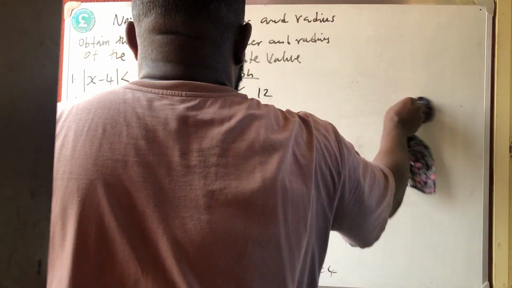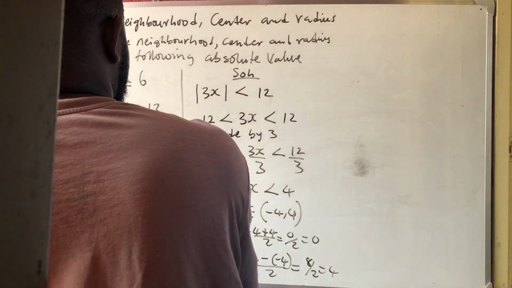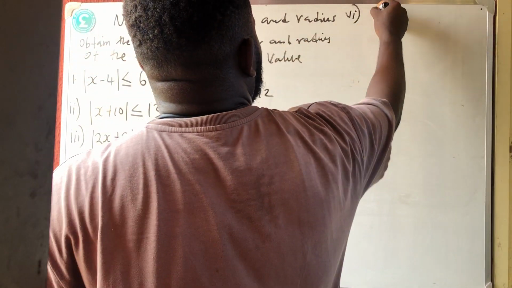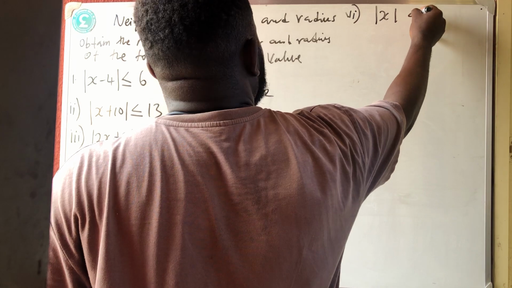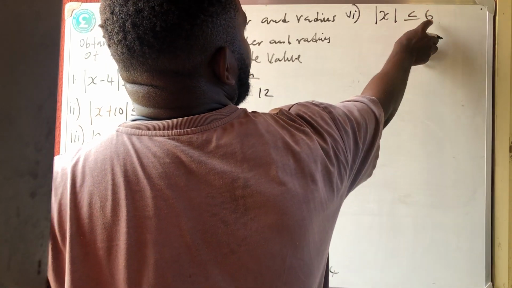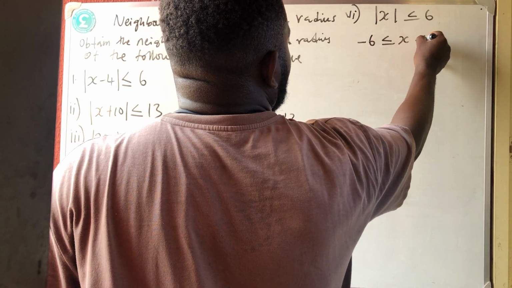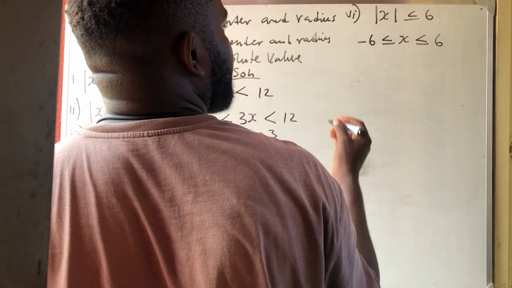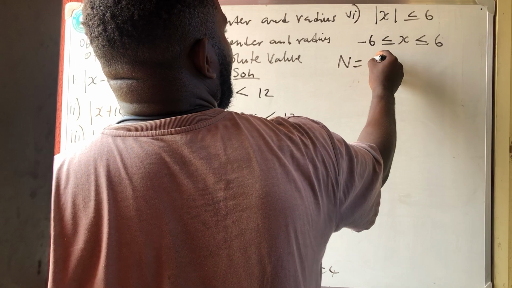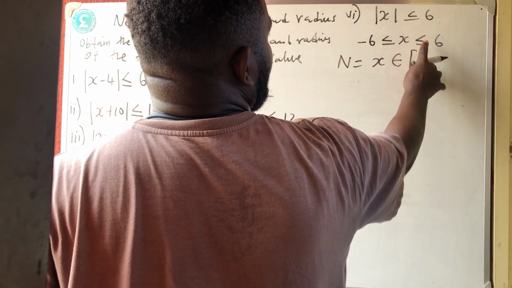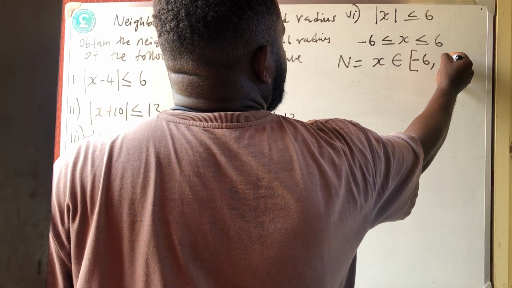So let's do, I'm solving from down. I have the absolute value of x is less than or equal to 6. How do you remove absolute value? Put negative the other side. -6 is less than or equal to x, which is less than or equal to 6. As simple as that. So the neighborhood is equal to that x is an element of, is it open or closed? Because of the equal to, closed interval of -6 and 6.